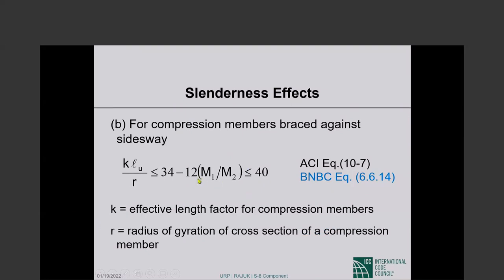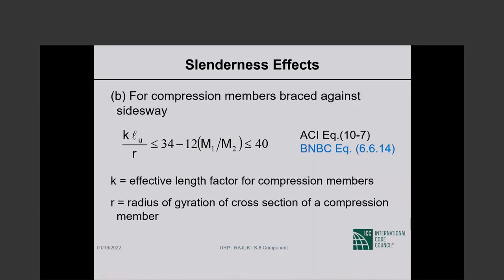How can this expression give you something larger than 40? Because this ratio is quite often negative, so we will get numbers more than 34. So compression members not braced against side sway on the previous page, braced against side sway on this page.